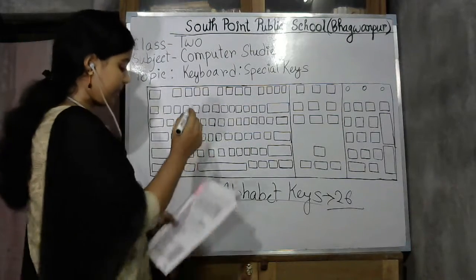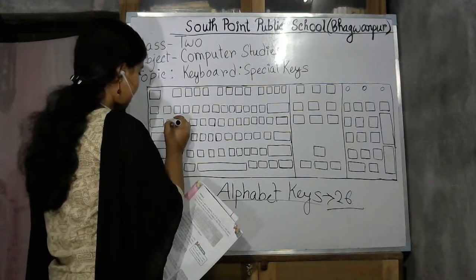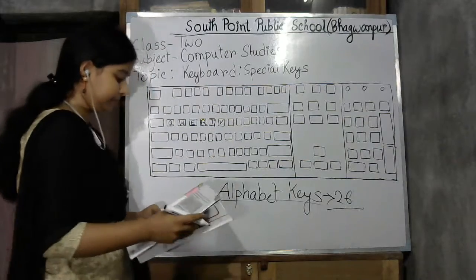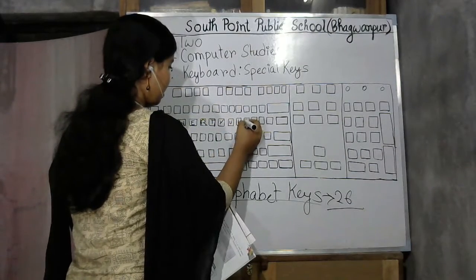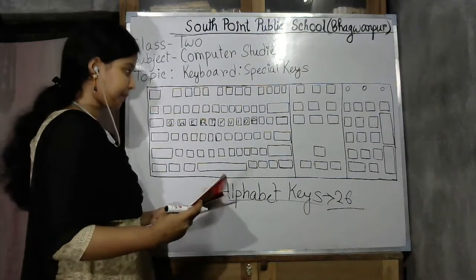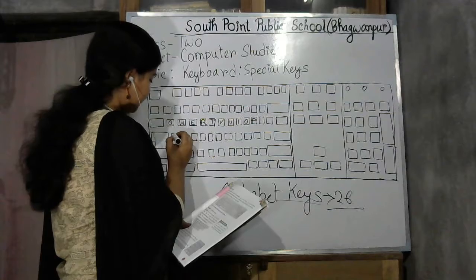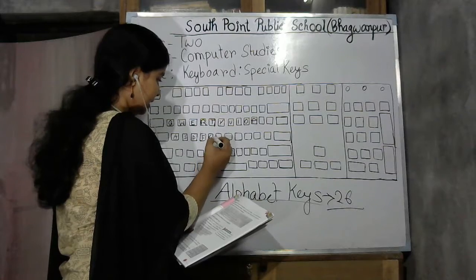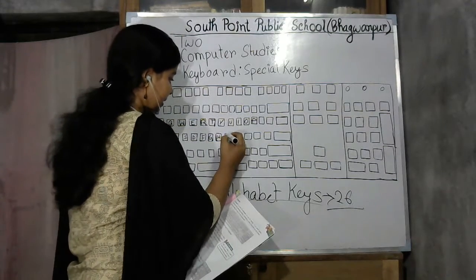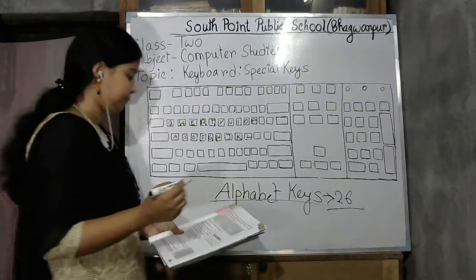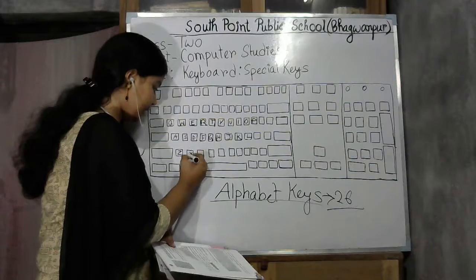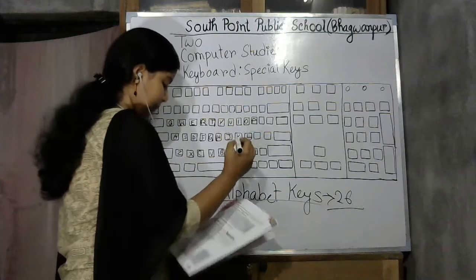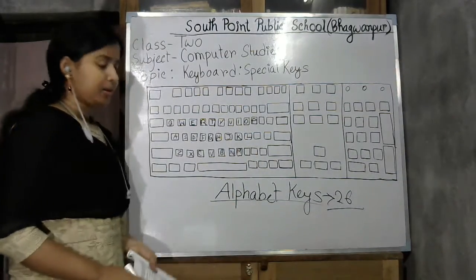Here, the alphabet keys start: Q, W, E, R, T, Y, U, I, O, and P. Next row: A, S, D, F, G, H, J, K, L. And in the next row: Z, X, C, V, B, N, and M. So here it goes.